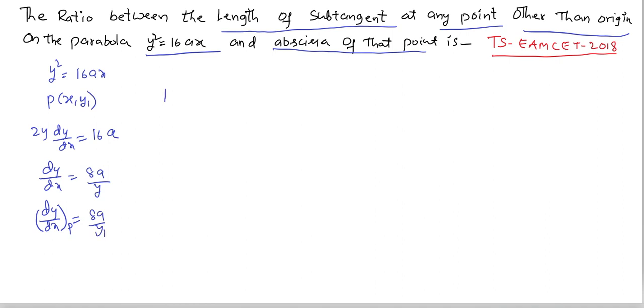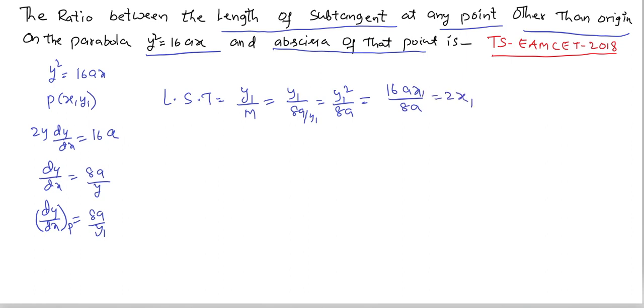So now length of subtangent LST is equal to y1 by m, that is y1 by 8a by y1, that is equal to y1 square by 8a. We know that y1 square is given in the problem, that is 16ax1 by 8a, that is a cancelled, 2 times cancelled, that is 2x1.